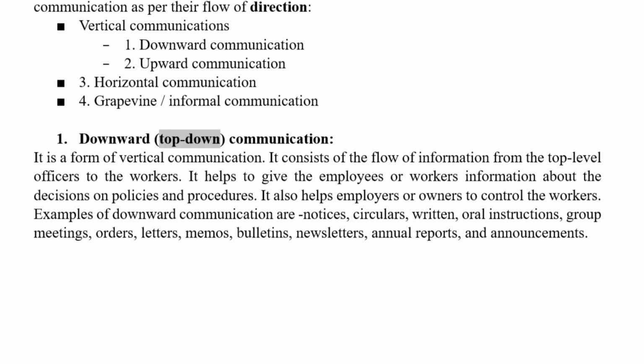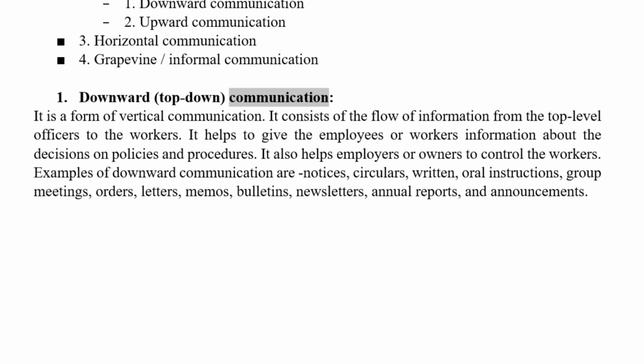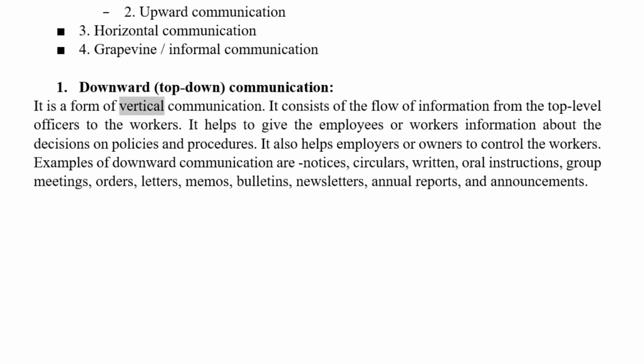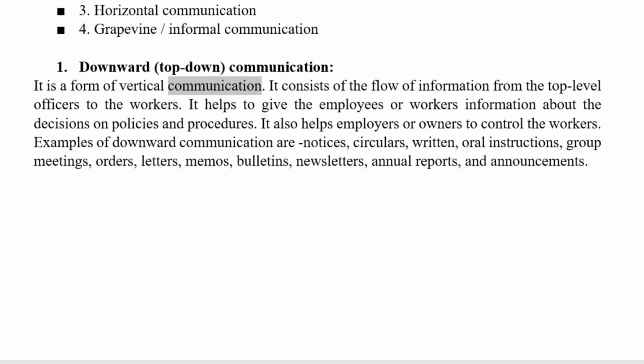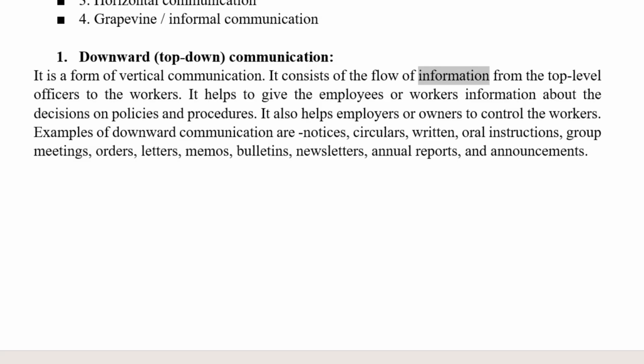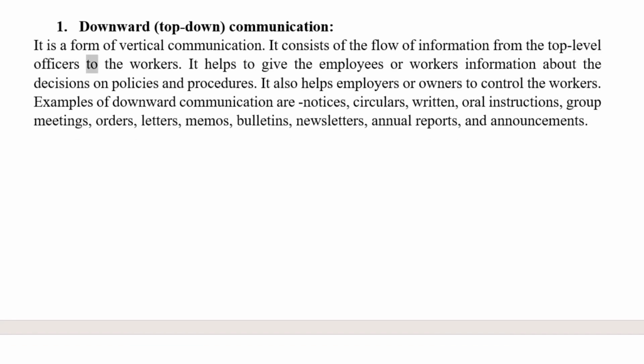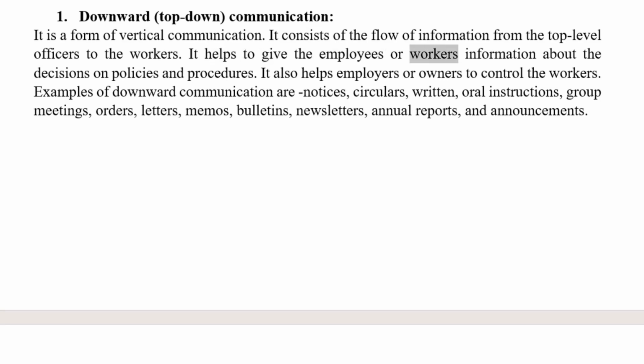Downward, top-down communication. It is a form of vertical communication. It consists of the flow of information from the top-level officers to the workers. It helps to give the employees or workers information about the decisions on policies and procedures.